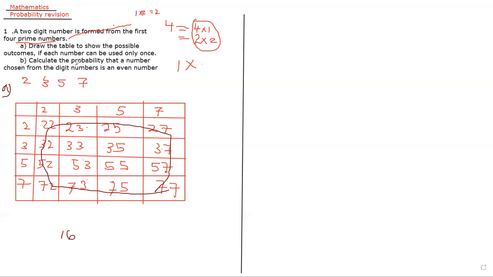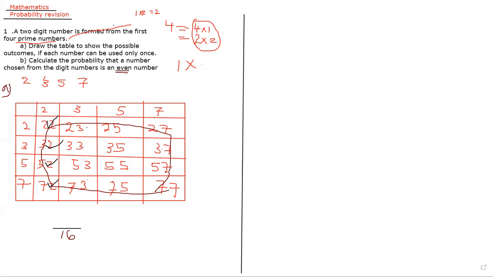Calculate the probability that a number chosen from the table is an even number. Now, an even number simply means a number that can be divided by 2 without a remainder. So we have 22, 32, 52, 72. So they are only 4.